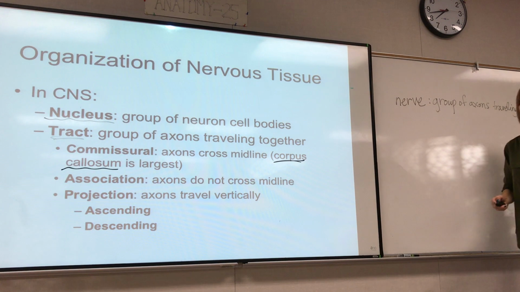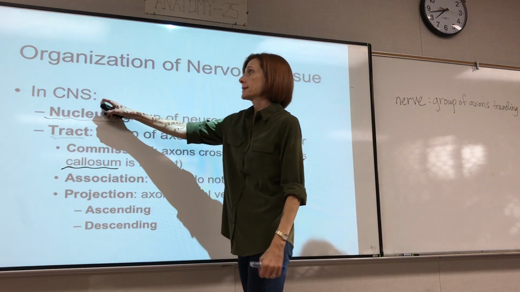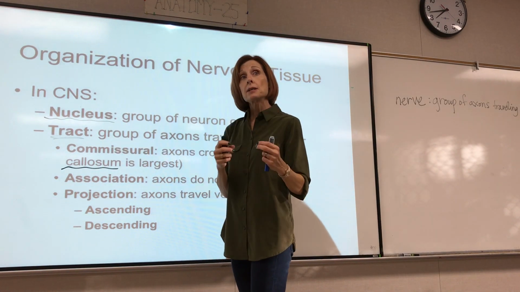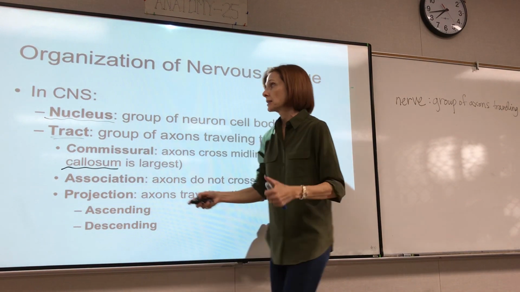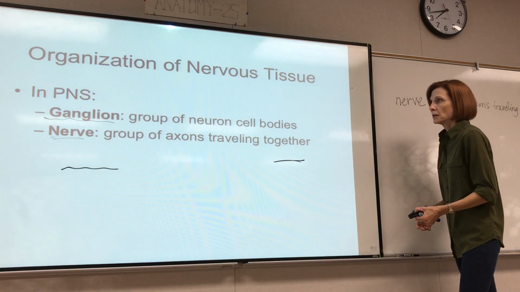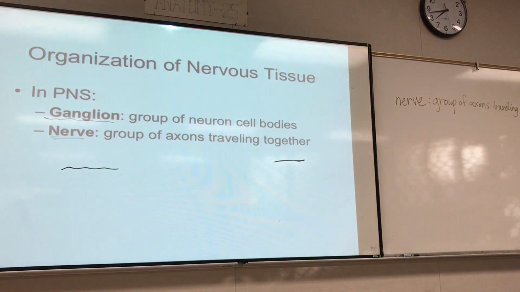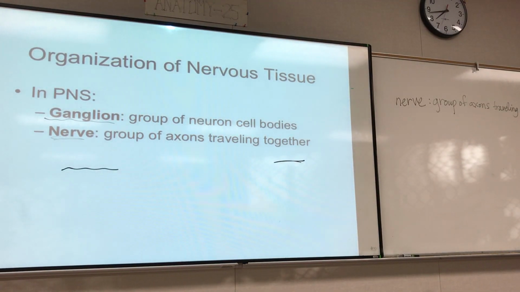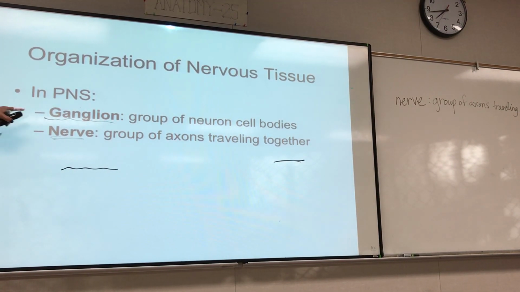So this is the terminology in the central nervous system. A group of neuron cell bodies is a nucleus. A bunch of axons traveling together is called a tract. They like to make everything different, so of course, in the peripheral nervous system, we have different terminology. I think we saw this term last time also.